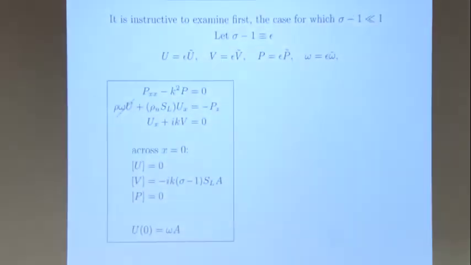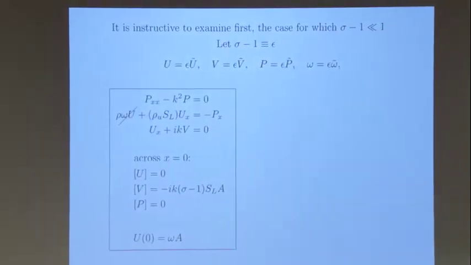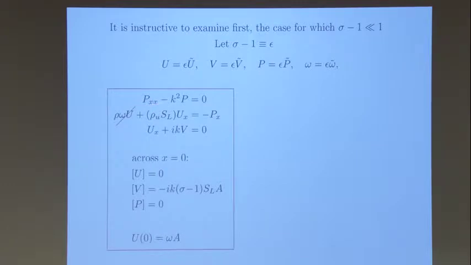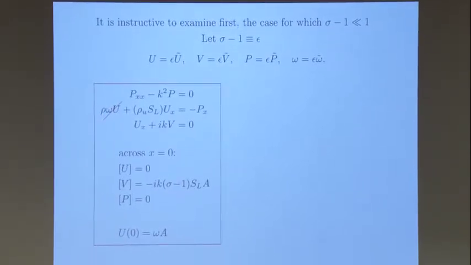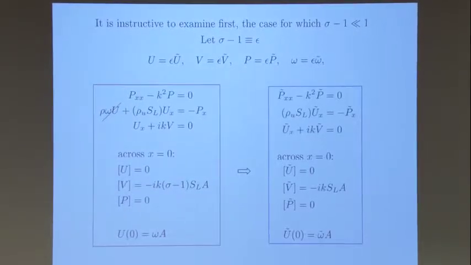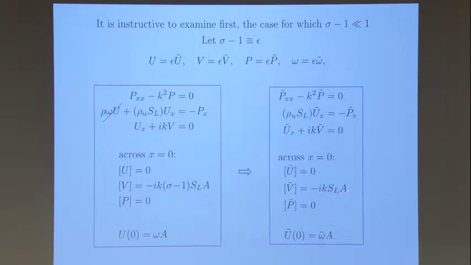And so this is the proper scaling that you get. The advantage of this limit is that this term, which has an omega times u, will become epsilon squared, epsilon times epsilon, and so it will be negligible. And so you will end up with a slightly simpler system.